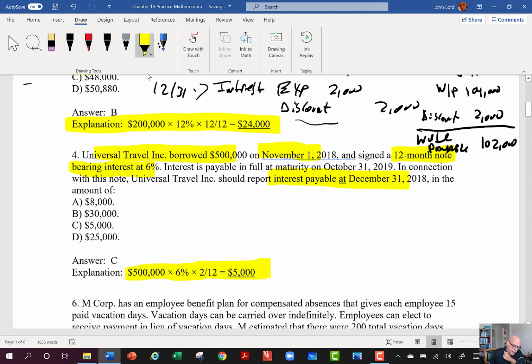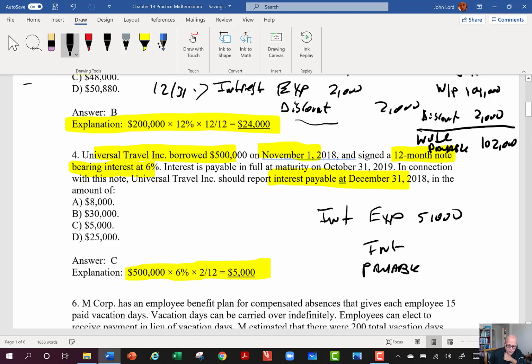That's 2 months out of the 12-month year. And so we would go ahead and debit interest expense for $5,000 and credit interest payable here for the $5,000 to accrue those 2 months of interest, and that's going to happen at 12/31.